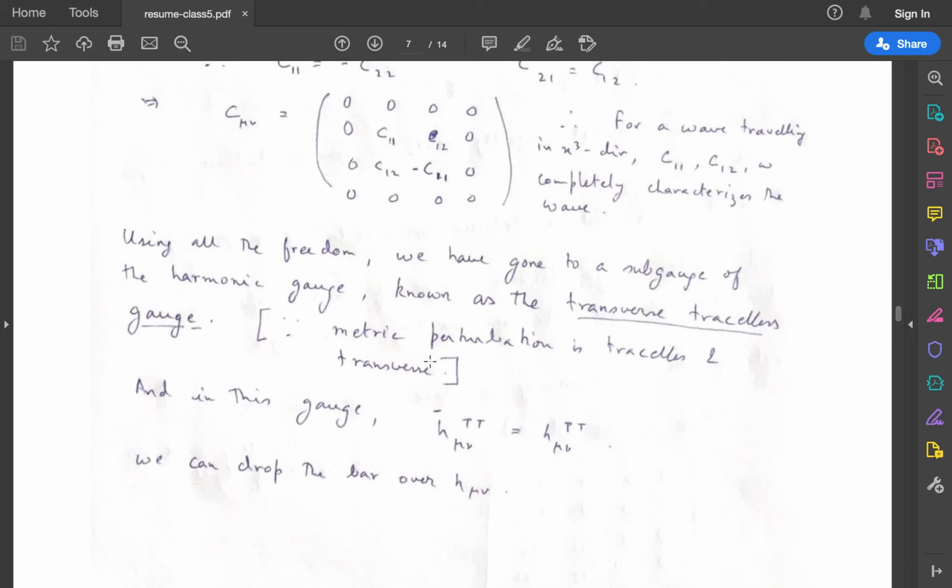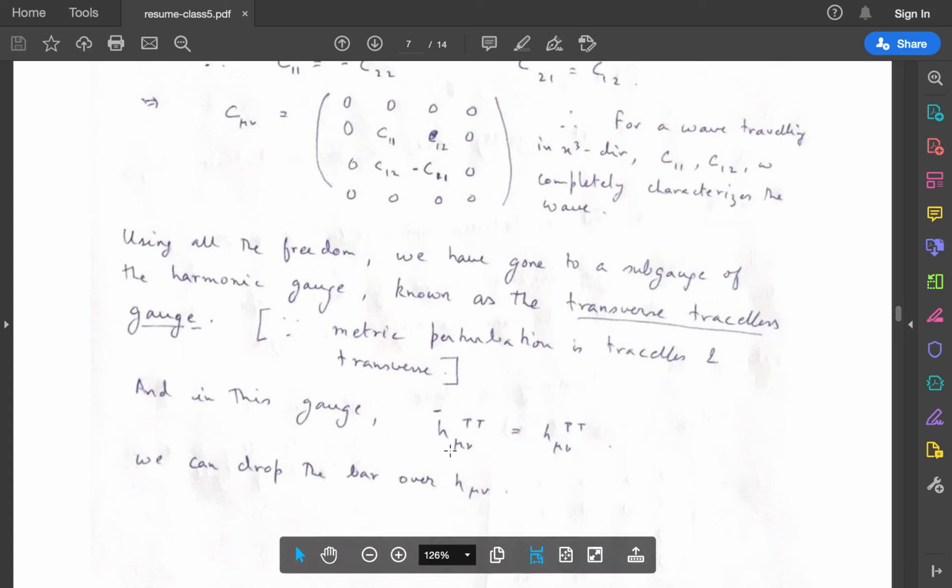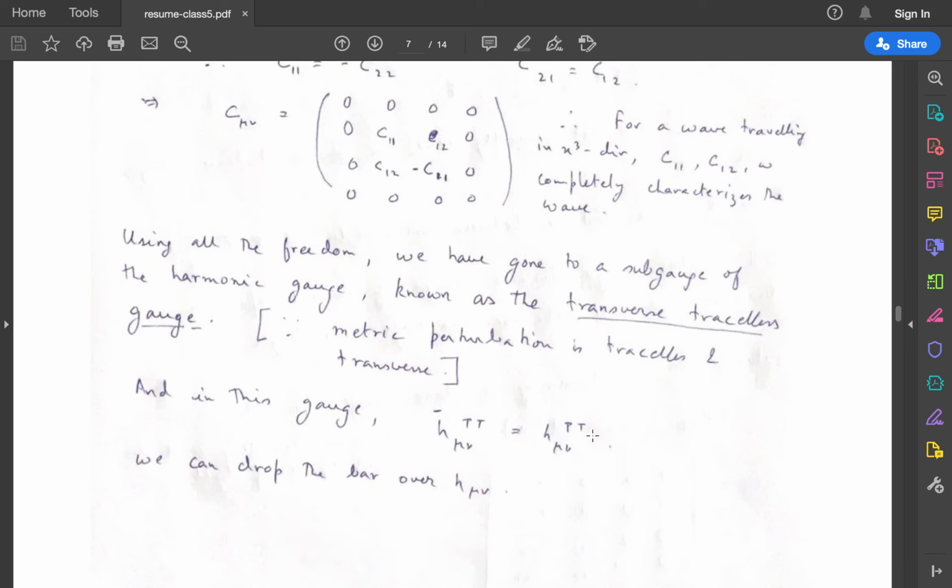So this is known as the transverse traceless gauge. And in this gauge, you can easily check that the trace-reversed metric perturbation is exactly equal to the original metric perturbation.